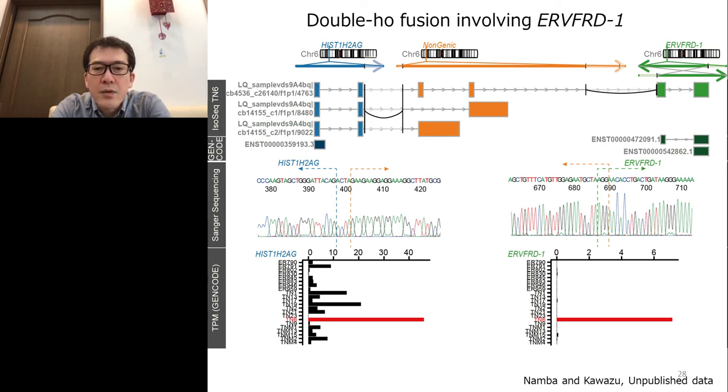Because the full coding sequence of ERVFD1 is included in this fusion transcript, it is considered that the full-length ERVFD1 protein was translated in this sample. And the expression of ERVFD1 was exclusively detected in the sample carrying this fusion transcript.